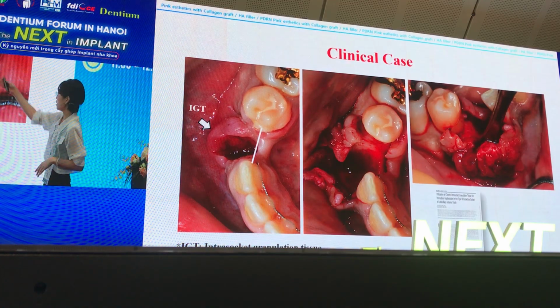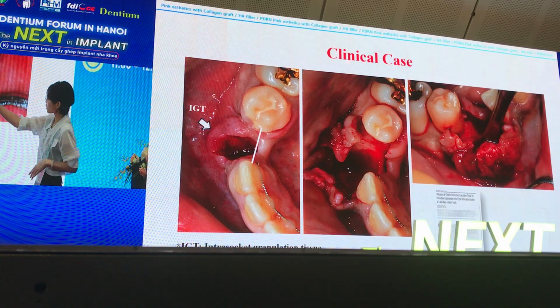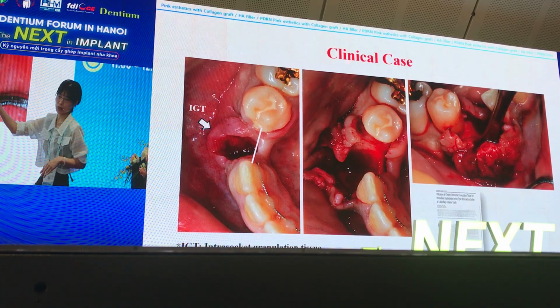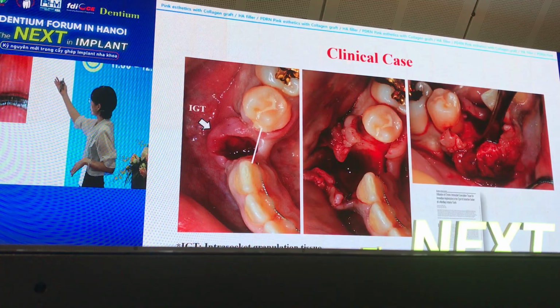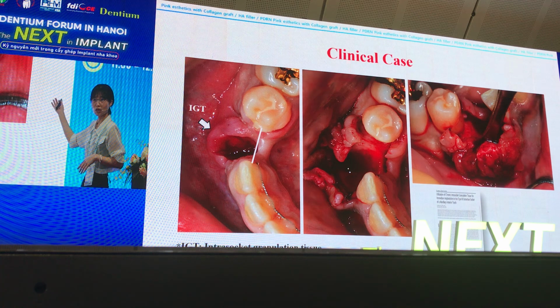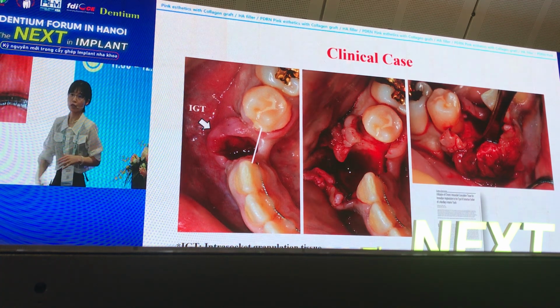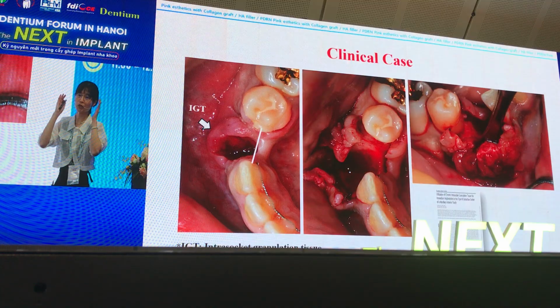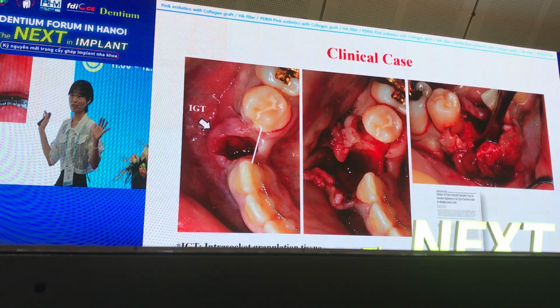So I made the incisions and then made a flap using the IGT. And you can see the granulation tissue like this. Because it is granulation tissue, it has inflammatory potential, right? So we may wonder about the use of IGT, but don't worry, because we have PDRN, right?